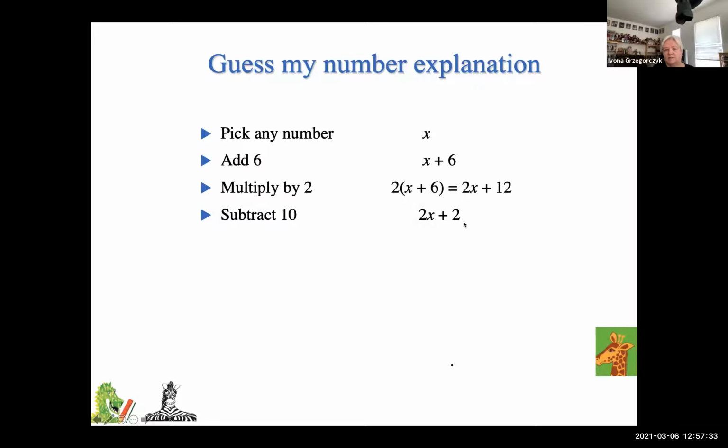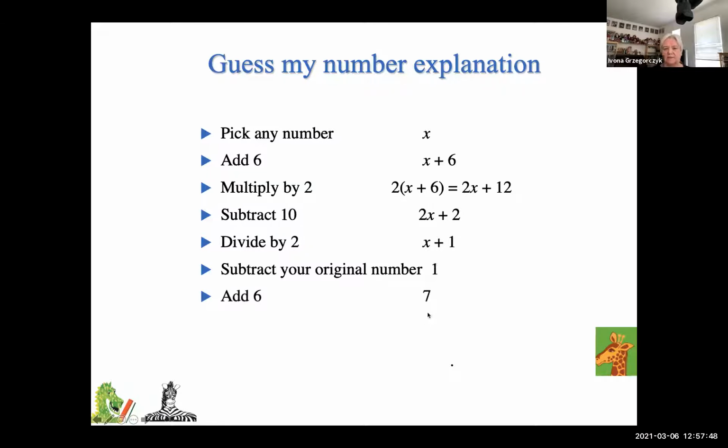So I have 2x plus 2. Divide by 2, you're getting x plus 1. And I take away your original number. So x is gone, I'm getting a 1. This would be okay to stop here, but I don't want to have it that obvious. So I'm saying add 6 and you're getting a 7. And from all these calculations, no matter what you start with, you end up with 7, right?